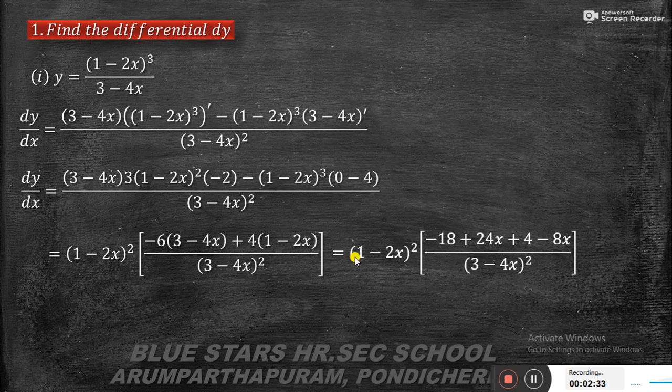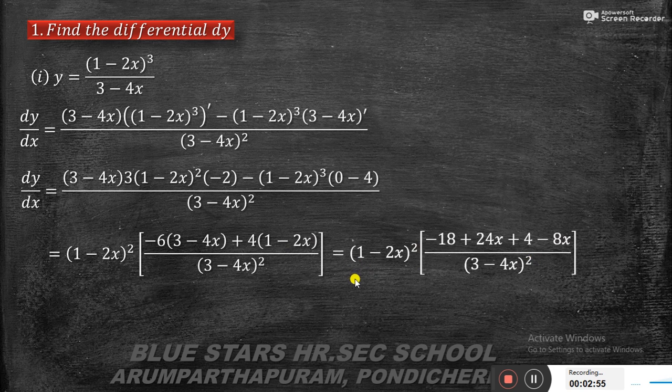The next step I write (1 minus 2x) whole square. Now I multiply the minus 6 into the factor: minus 6 into 3 is minus 18, minus into minus plus 24x, plus 4 into 1 plus 4, minus 8, 4 twos are 8, so I write minus 8x, by (3 minus 4x) whole square.